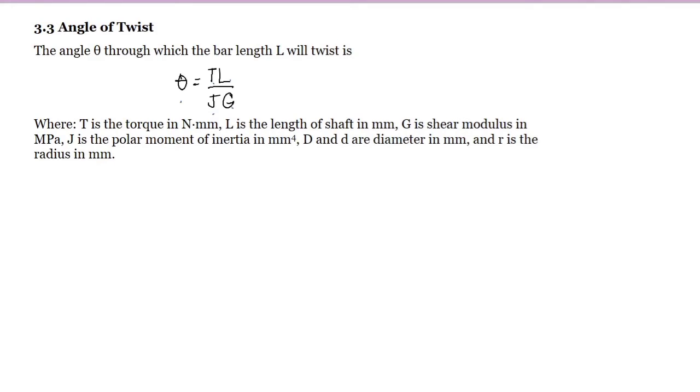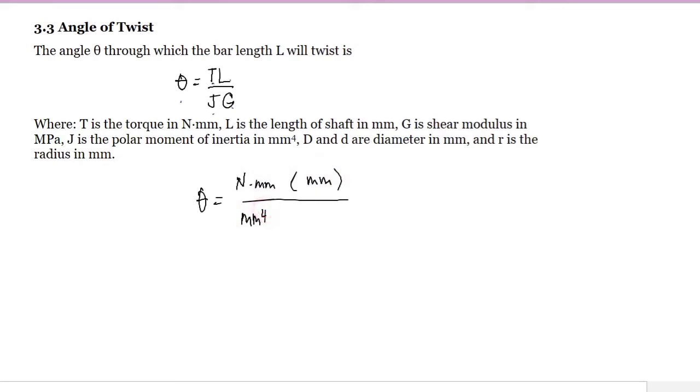And since kung mag-unit analysis tayo dito, no, so for theta is equal to the T, which is the torsion, the torque, which is in Newton mm, to be multiplied by the length, which is expressed in mm, over the J is the polar moment of inertia, mm to the fourth, and the modulus of rigidity is in megapascal, and that megapascal is Newton per mm square.